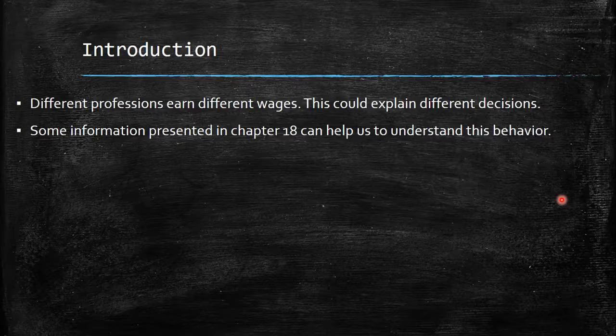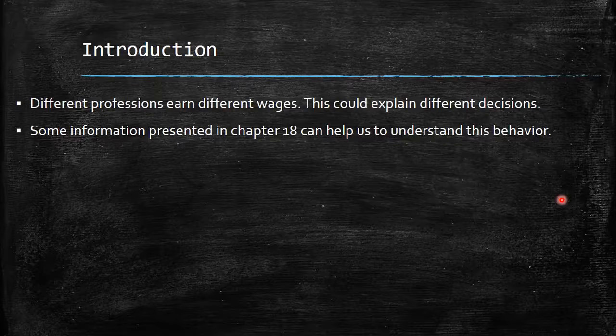If the value of the marginal product of labor is higher, this should be reflected with higher salaries, because you are more productive and you are bringing more revenue to your employer.